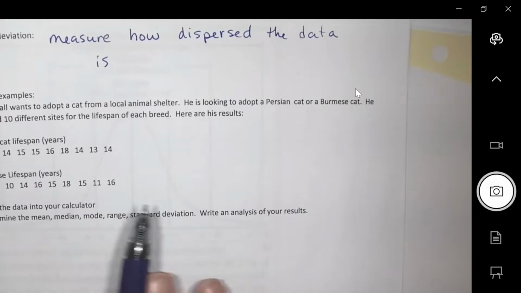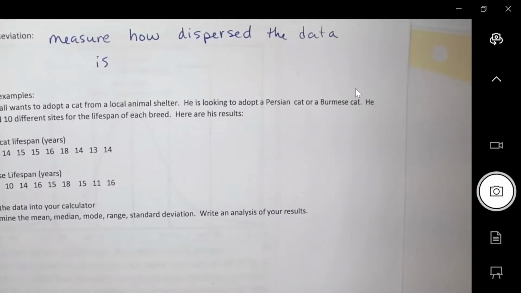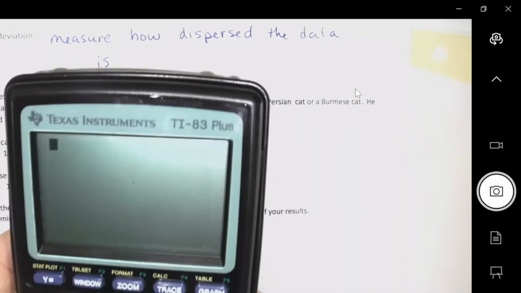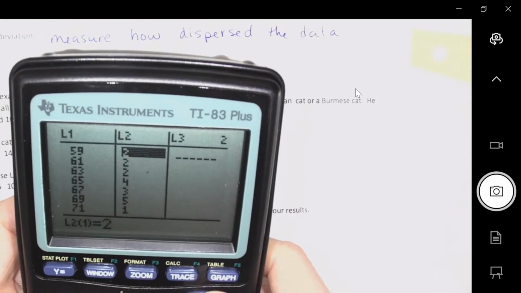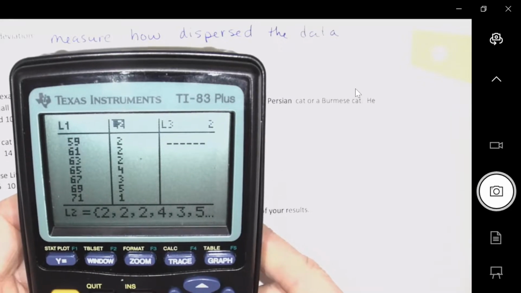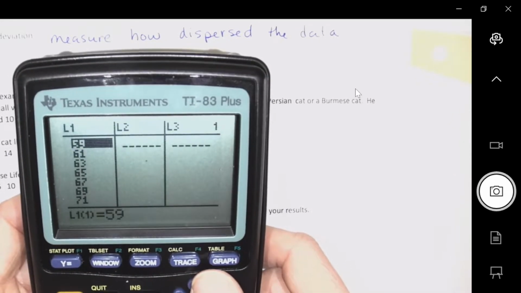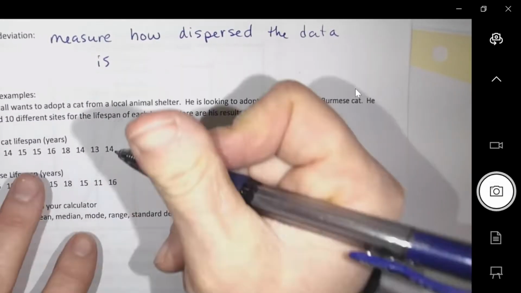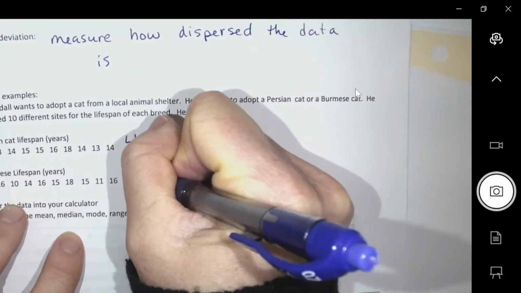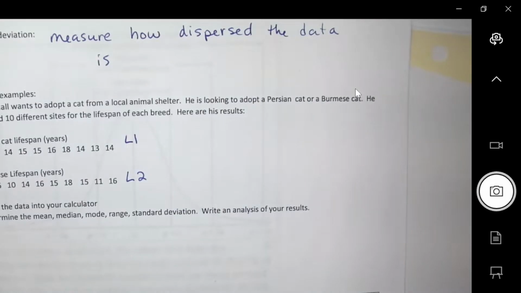Okay, so we're going to enter the data. Give me a stat edit. I'm going to up, clear, down because I got stuff in there. Up, clear, down. Let's go L1 and put all that into L2.